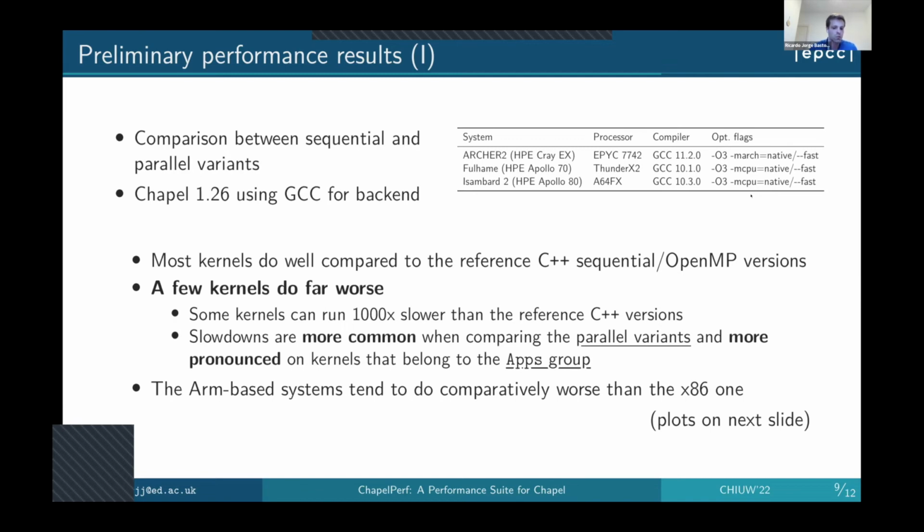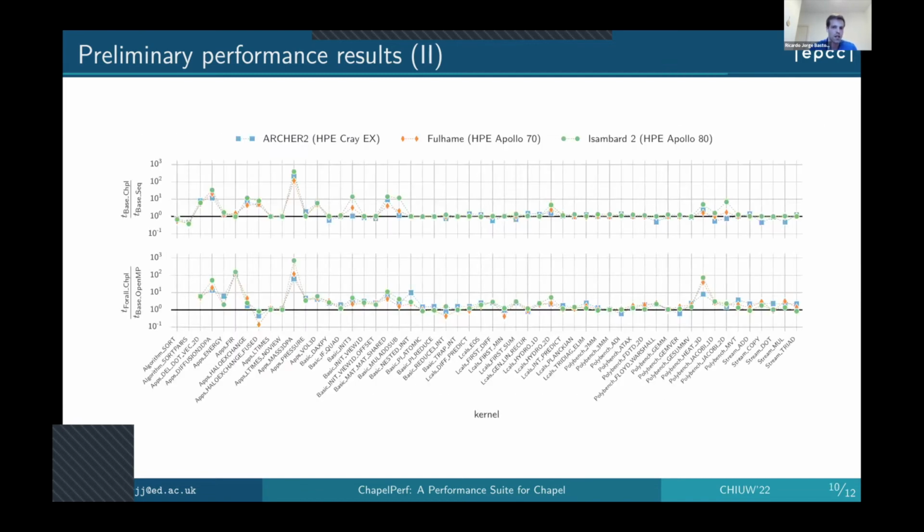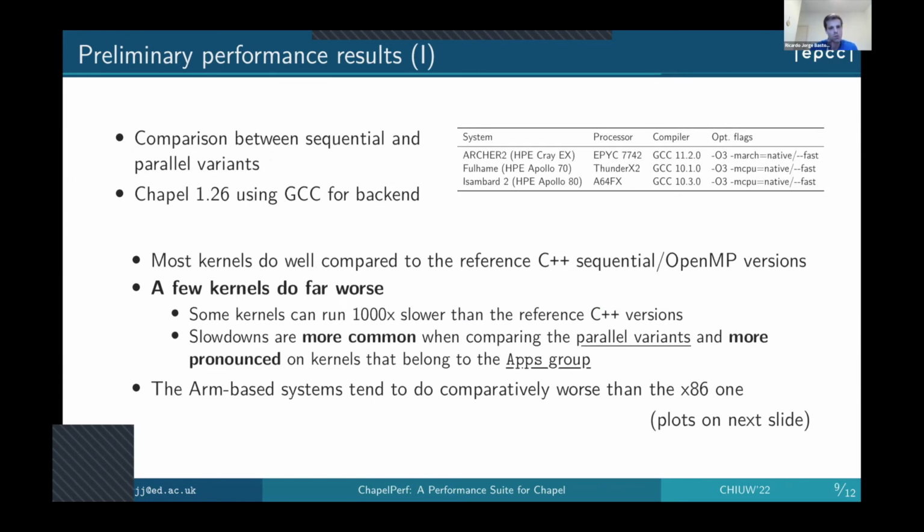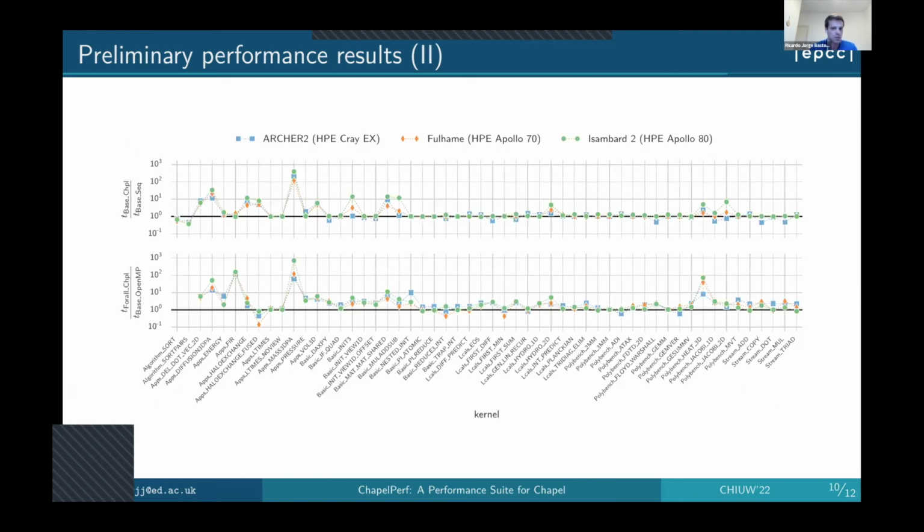So I just wanted to make sure that in these runs, everything was compiled with the same compiler. But I've also run tests with the LLVM backend, and I obtained similar results. So that's not the main factor here. It's not the backend compiler.